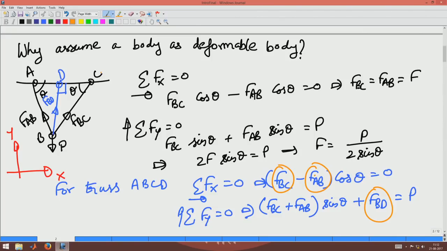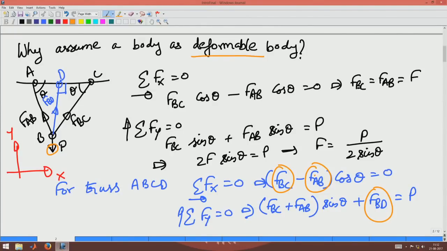In other words, if you apply a force P, this point B would move down here, right. So, you have to assume that this point moves down and then do a set of calculations based on that assumption. Hence, you have to assume the body is deformable and not as a rigid body. Okay. So, this is why it is important to understand how to analyze bodies as deformable bodies.